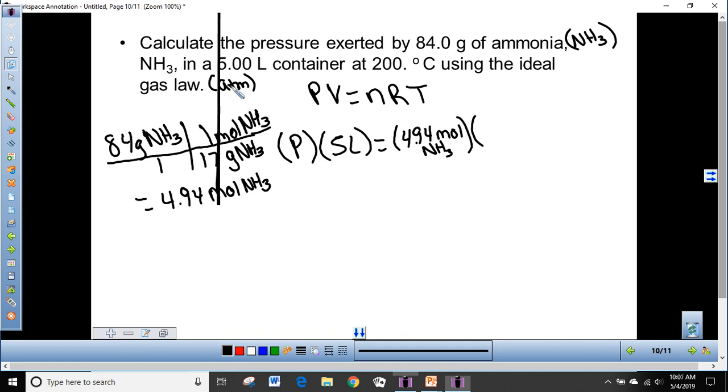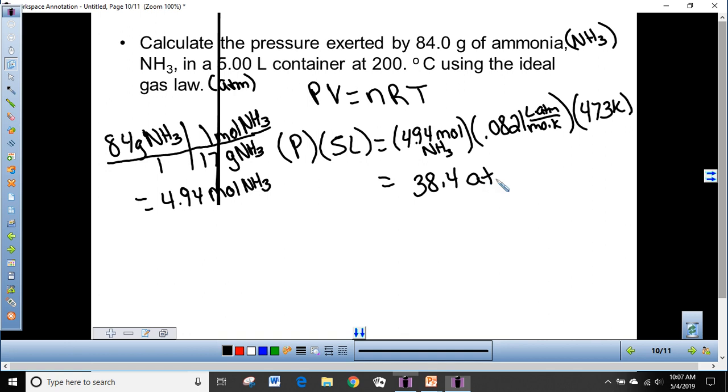And because I do want atm, we're going to use the 0.0821. I'll also give you that on the test. Liters, atmospheres, per mole, Kelvin. And then our temperature was 200, but we have to add 273, so we get 473 Kelvin. Alright, so we multiply this side, divide by 5, and then we can do 3 sig figs, so we've got 38.4 atmospheres.